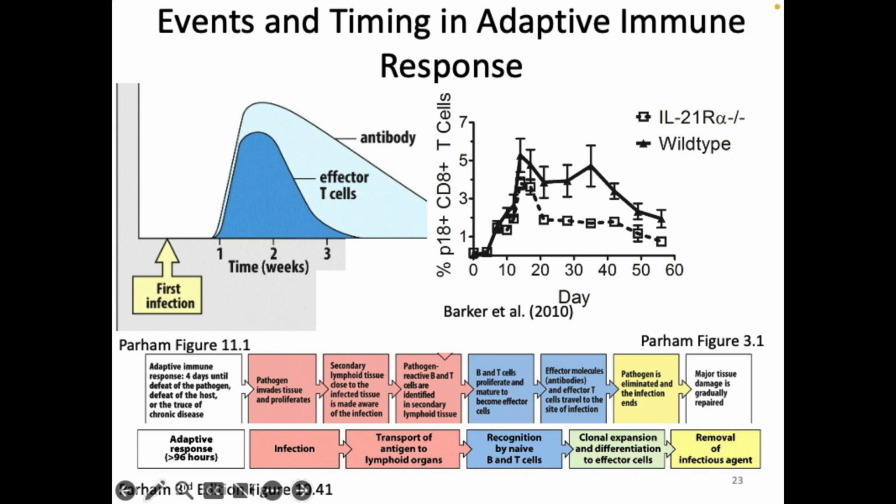And the key thing that I want you to notice about either of these images, in both cases on the y-axis, we are looking at an adaptive response in the periphery, where the infection is relative to where we actually start to measure the adaptive immune response.